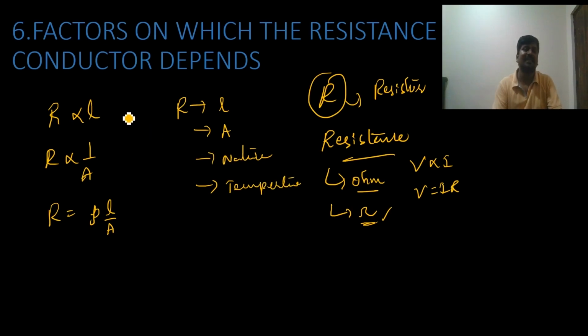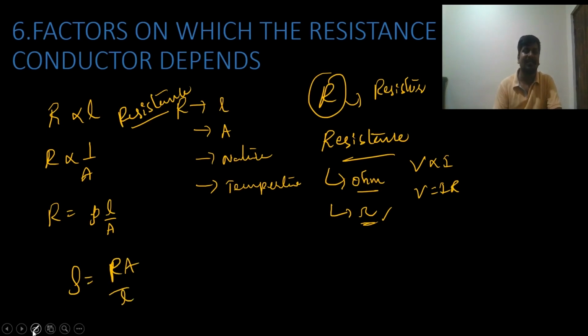So resistance depends on the length of the conductor, on the area of the conductor, on the nature of the conductor, and on the temperature of the conductor also. So R equal to rho into L by A, rho equal to RA by L. What is rho? Rho is the resistivity.